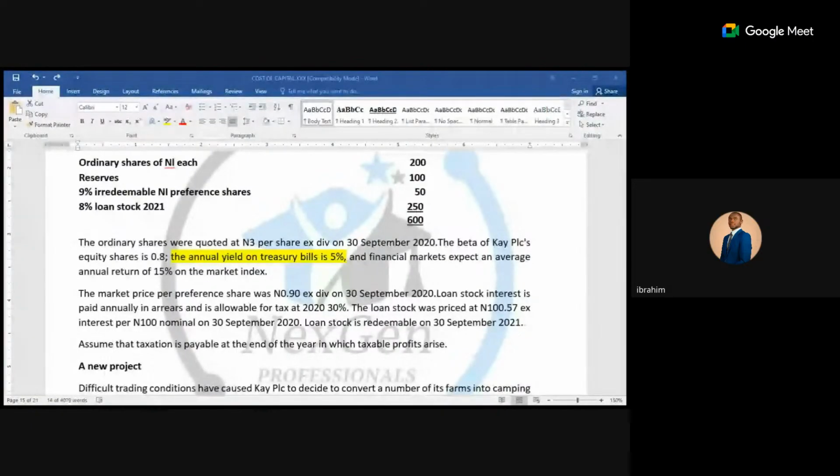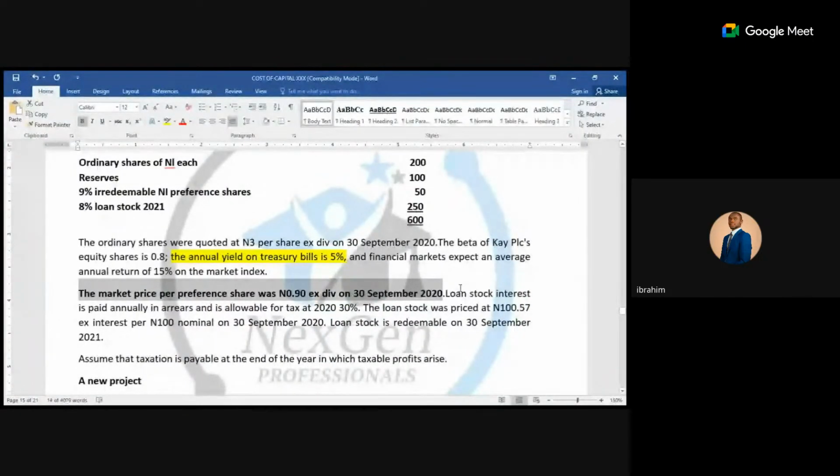Now, class, you can see that the dividend of preference shares was not actually mentioned. The next line is loan stock interest. They've moved to the next source of finance. You can see that it is just the preference shares market price. Now, if you recall, class, who can tell me what will be the current dividend of preference shares?